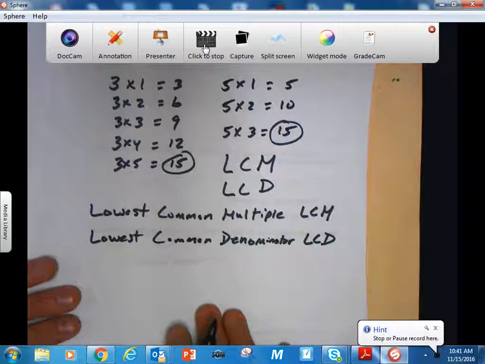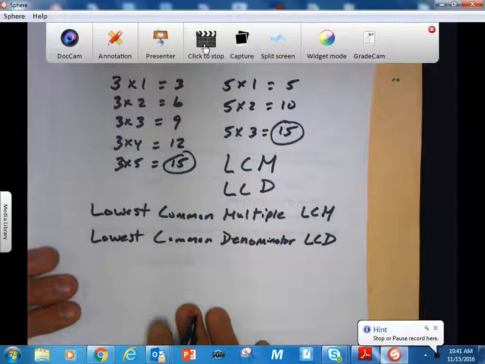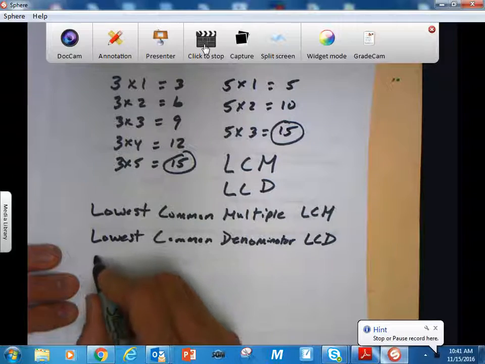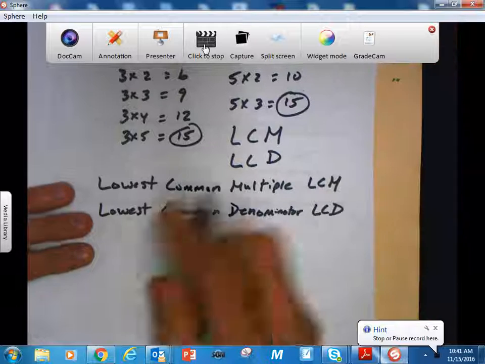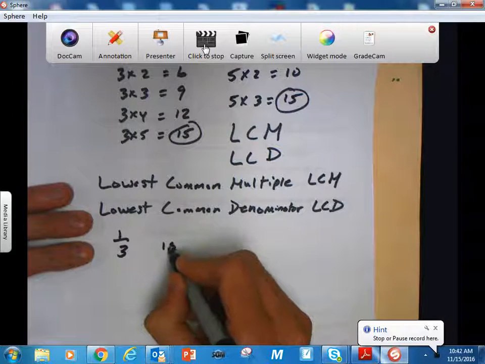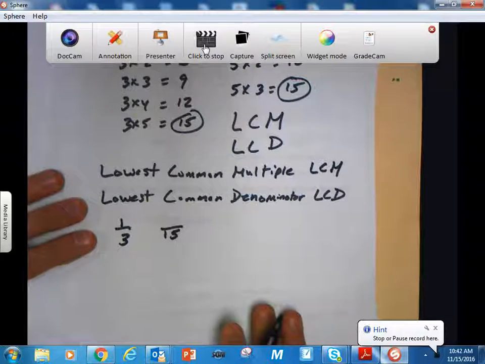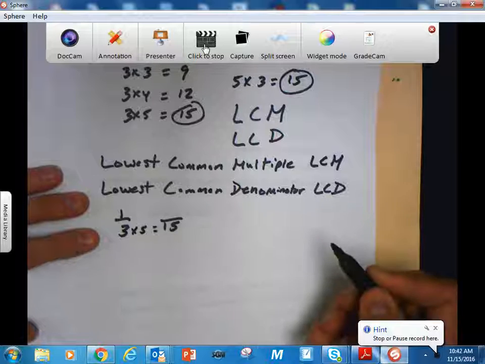Now, a third strategy that we've learned is just simply find an equivalent fraction, which is what we're going to do with this 1/3 and 1/5. If I use my common denominator, which is 15, to find an equivalent fraction, I know that 3 times 5 is equal to 15.